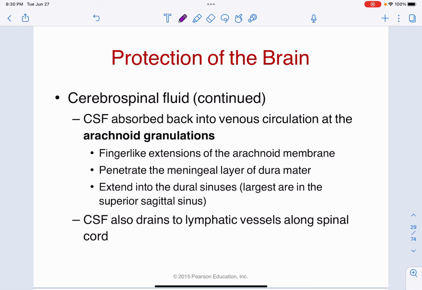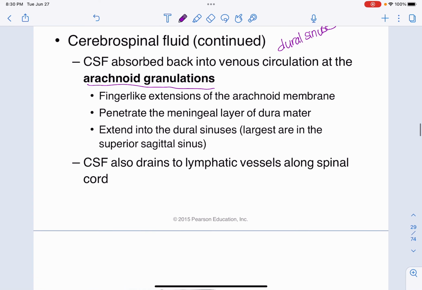It's going to do so at the dural sinuses, through structures called arachnoid granulations. Let me show you what this looks like in a picture format first.